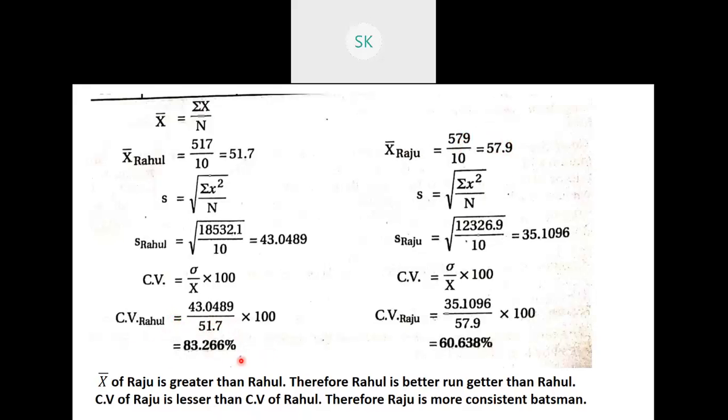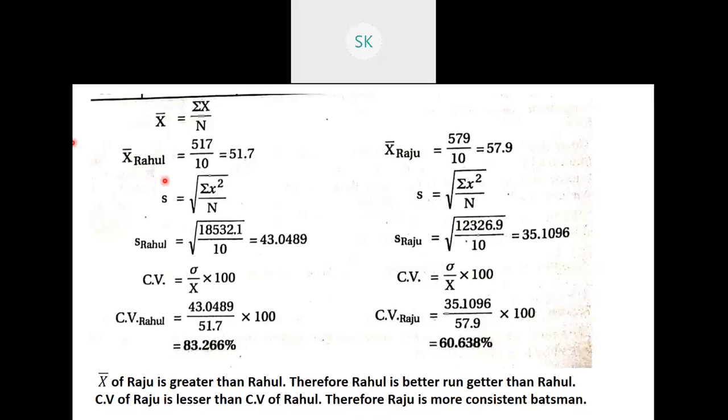So 60 is less, 83 is more. Therefore, lesser coefficient of variation is more stable.